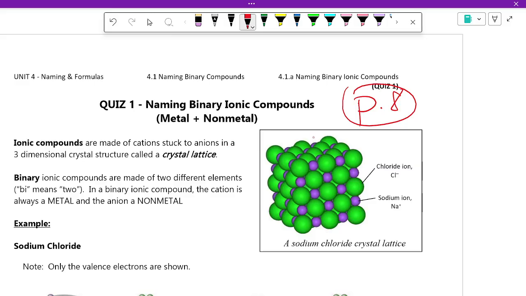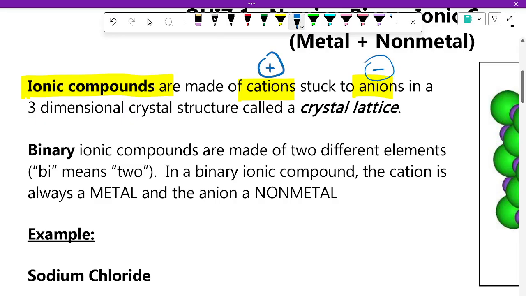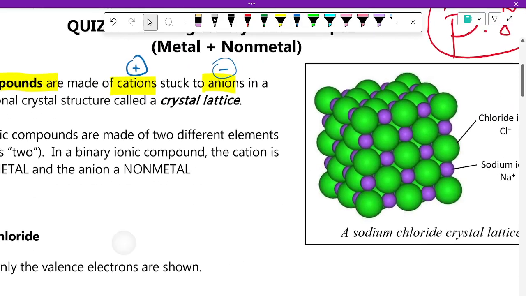Okay, look at the review we're doing for your test tomorrow. Ionic compounds are made of cations, which are positive, and they are stuck to anions, which are negative. They're stuck together in a crystal lattice, a 3-dimensional structure.